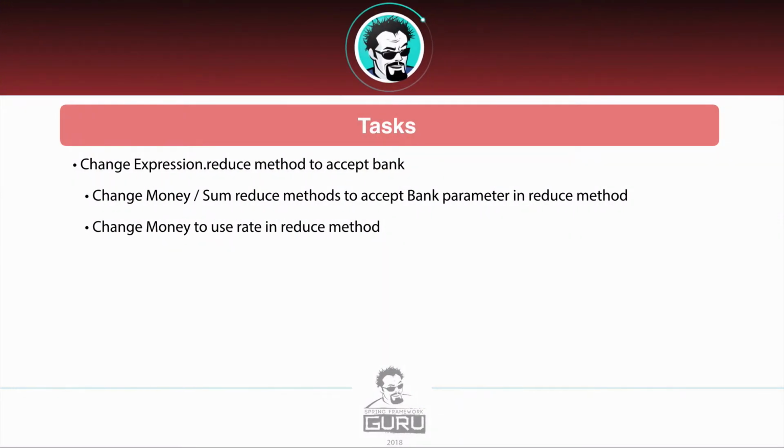Now, our Expression interface, that reduce method, we're going to modify that to accept a Bank object. And that's going to allow expressions to ask the bank for the appropriate conversion. So, like I said, we want the bank to hold the knowledge of the different rate conversions, not the expressions or the implementations of the expressions.